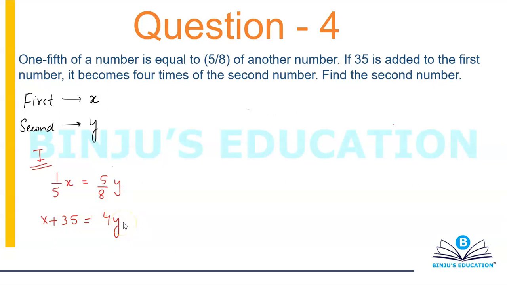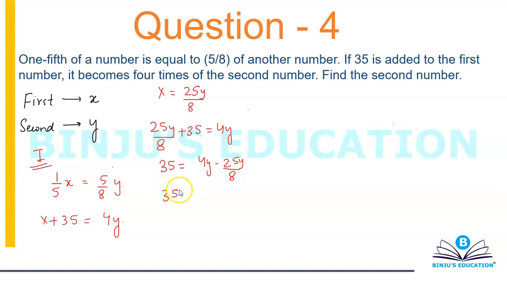Now I just simply have to solve this. From the first one, x is equal to 25y by 8. So I have 25y by 8 plus 35 is equal to 4y, so 35 is equal to 4y minus 25y by 8.